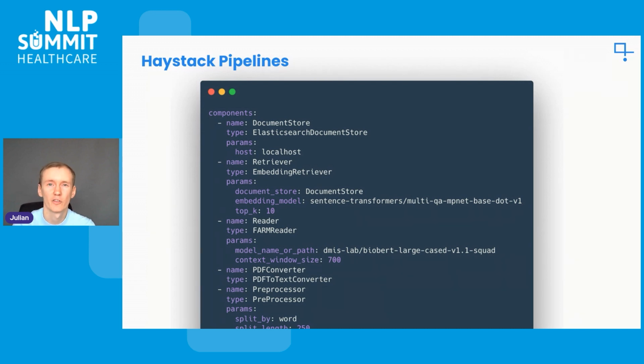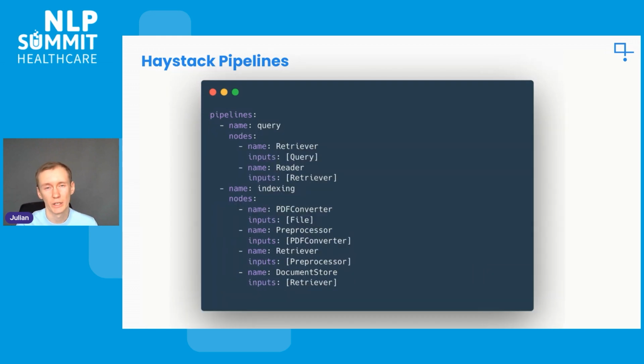And you can see I have the PDF converter because we added files that were PDFs, not just text files. So I need a converter that processes PDFs and makes text. Then when I have all these components specified and described, I can combine them in a pipeline. So I can define in which order they should run in my pipeline. Here we see the query pipeline with the query first, then retriever and reader.